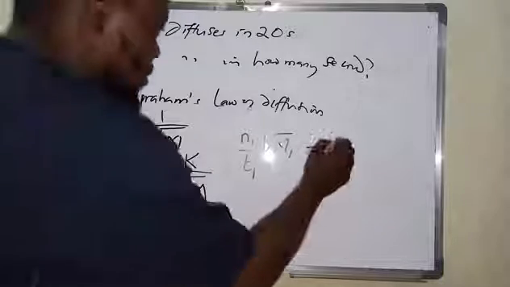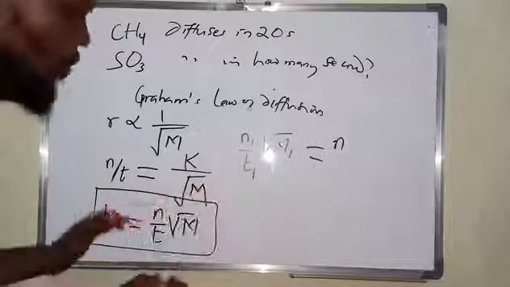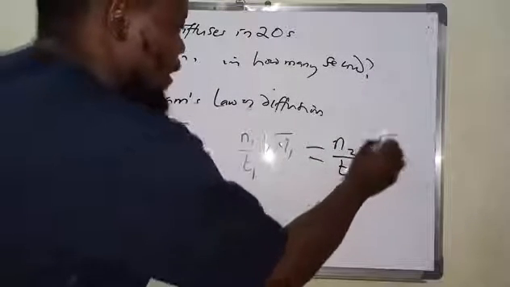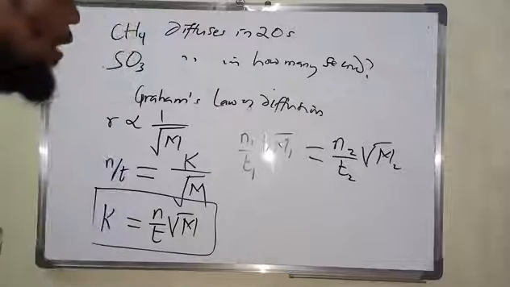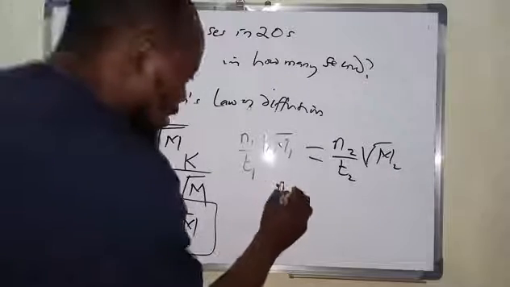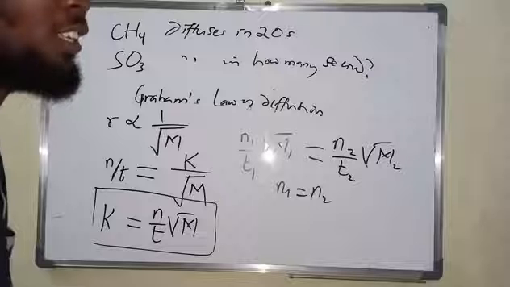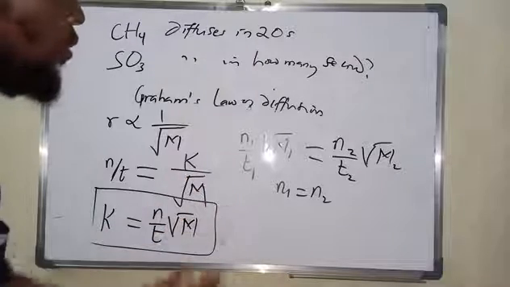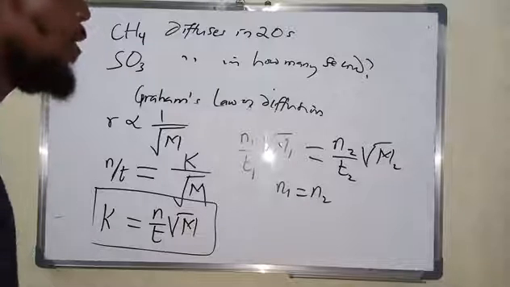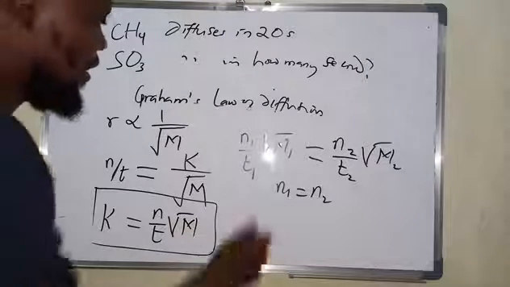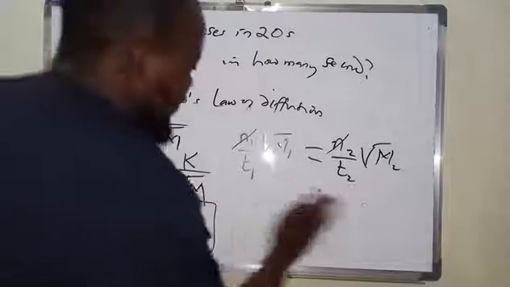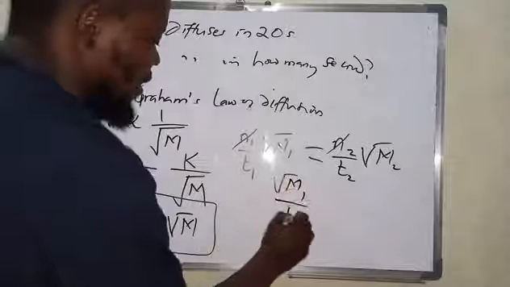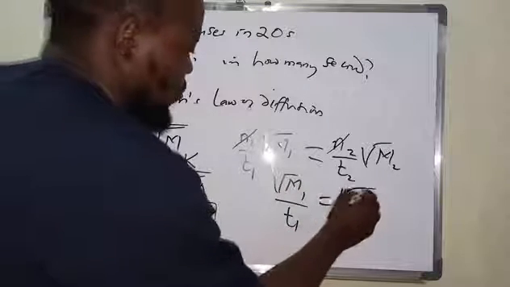So we can equate the two, because the same constant is obtained: N2, T2, and M2 for gas 2. Since we are considering equal volumes of the gases, the number of moles is the same, so N1 and N2 cancel out. We are left with M1 over T1 equals M2 over T2.